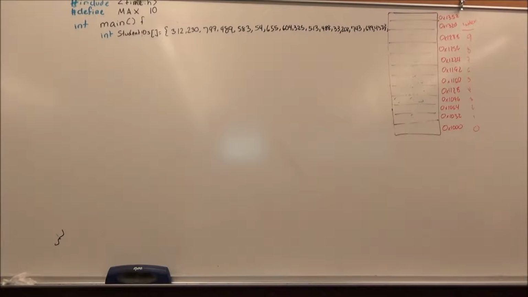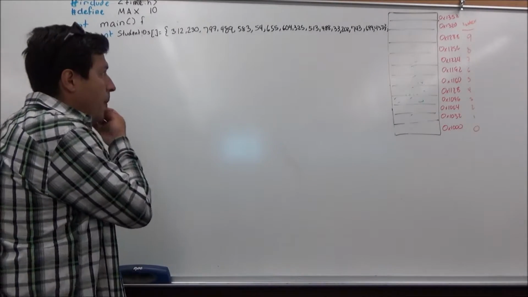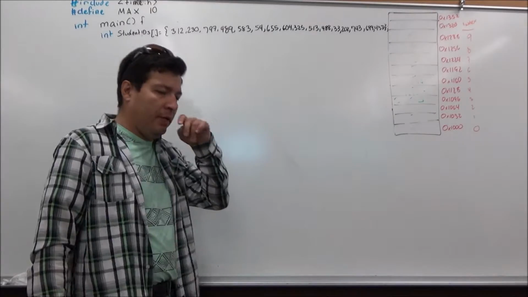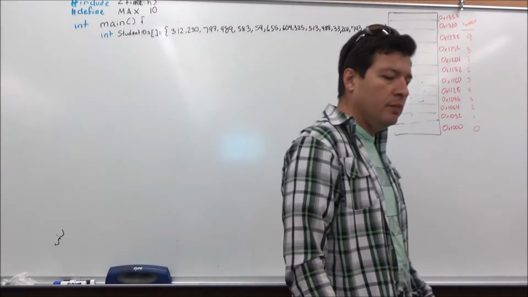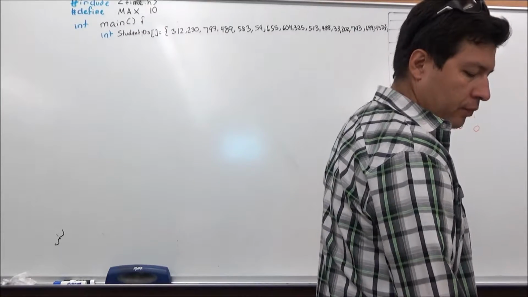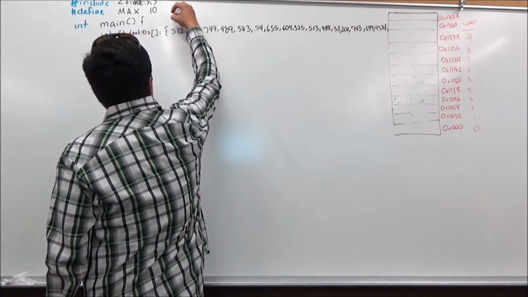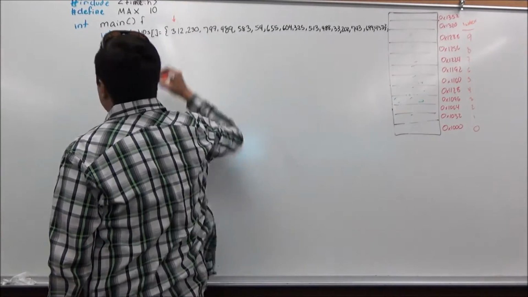So I'm going to give you the concept and you tell me the code. Okay? So the concept is, I have 16 elements. I'm going to grab one element, the first element, the first position.